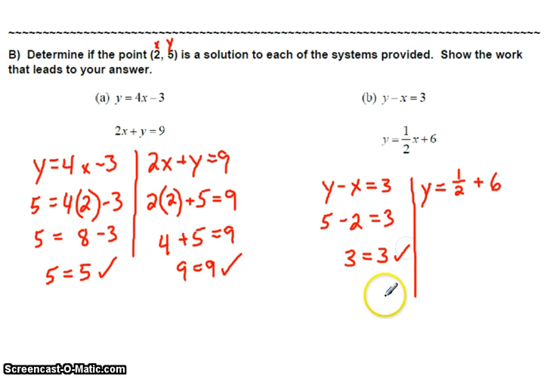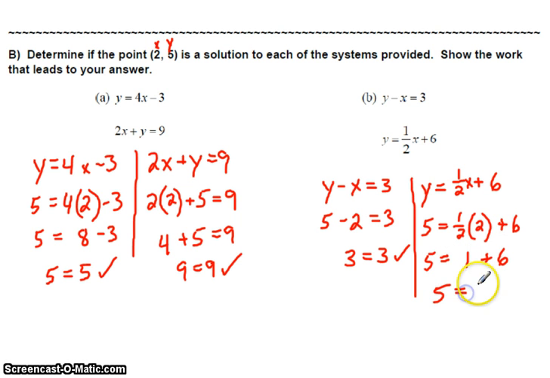That one checks. And in this one, let's see, y is 5. That's an x, sorry, forgot that before. 1/2 times 2 plus 6. Well, 1/2 of 2 is 1. 1 plus 6 does not equal 5, it equals 7. So this does not check.